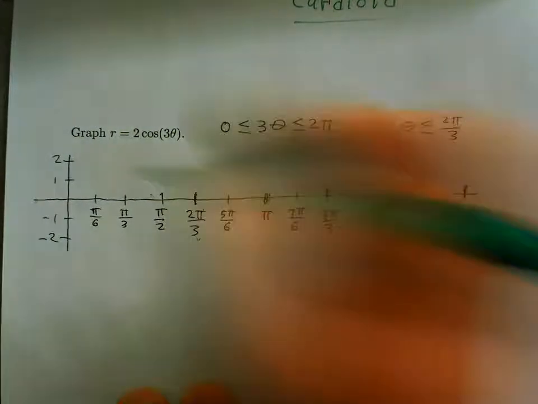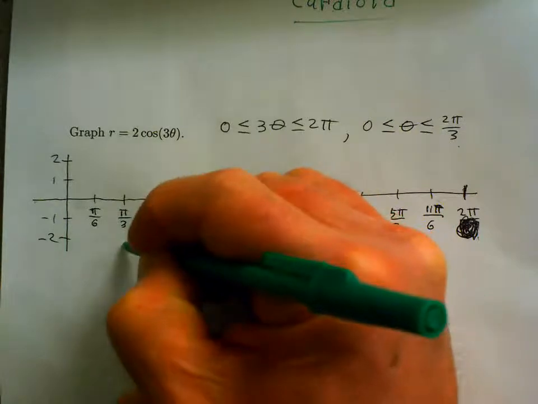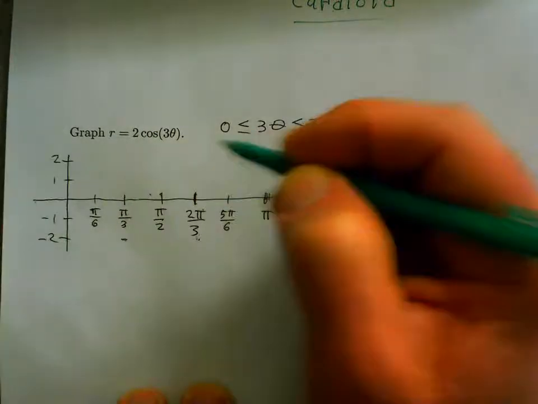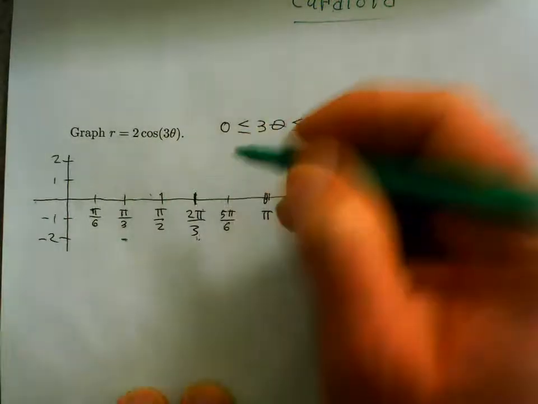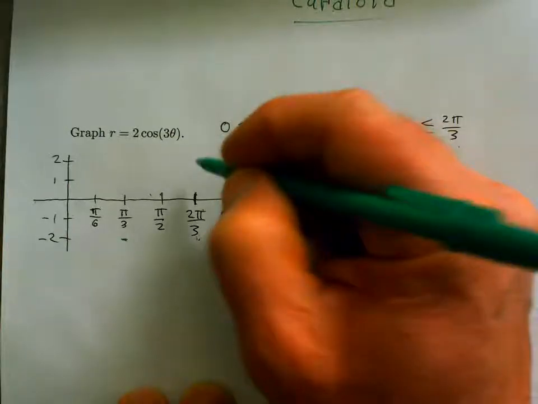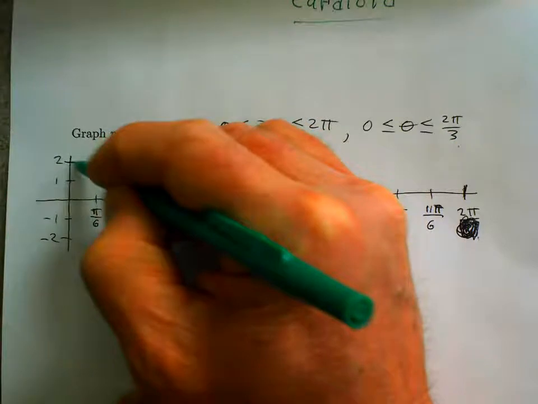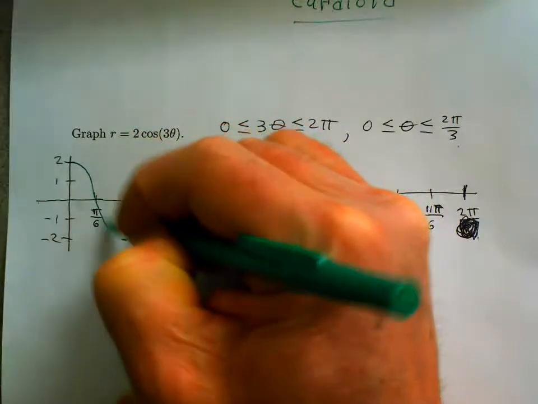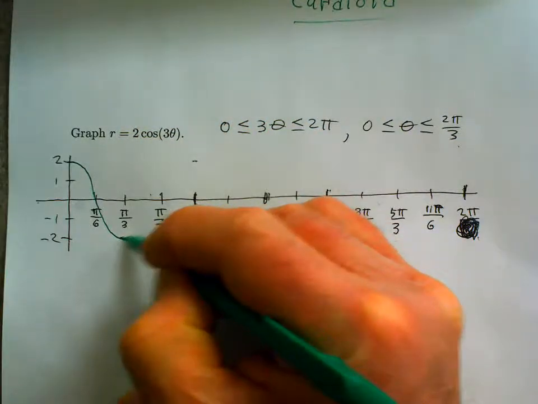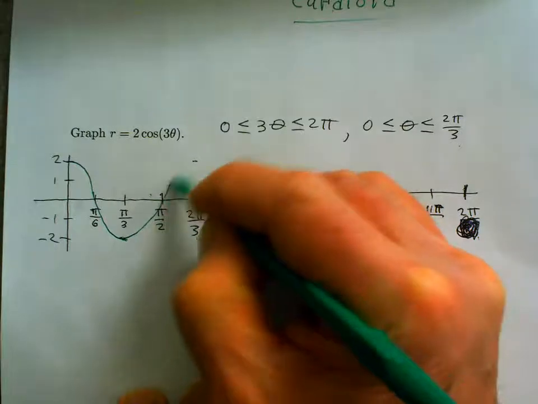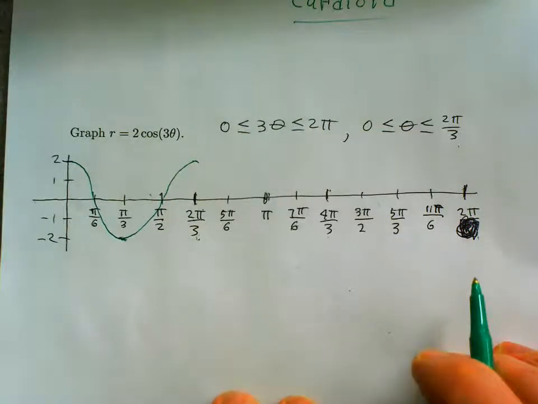Okay, so if we just sketch the cosine curve, it's going to look something like this in the first period. And then it repeats itself.